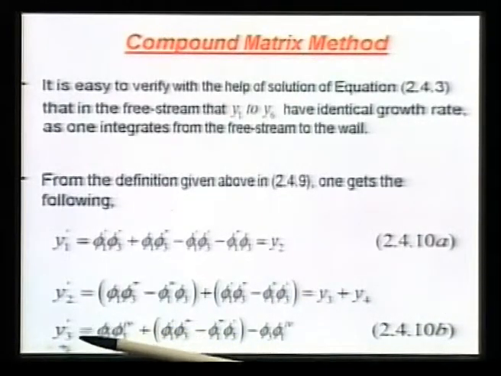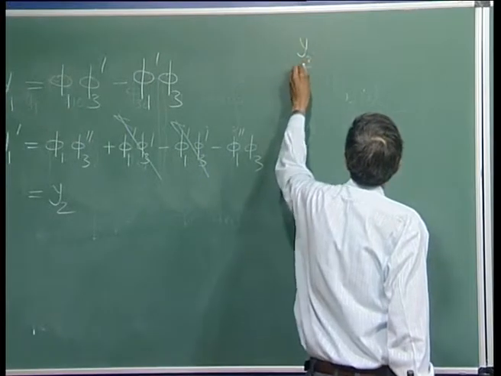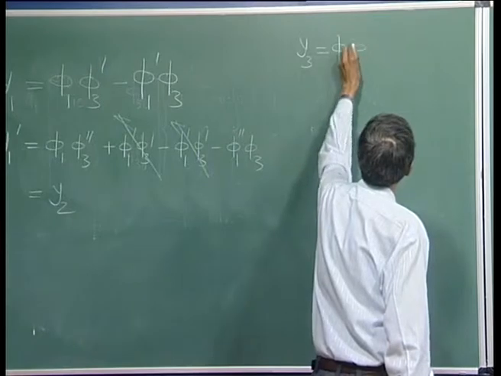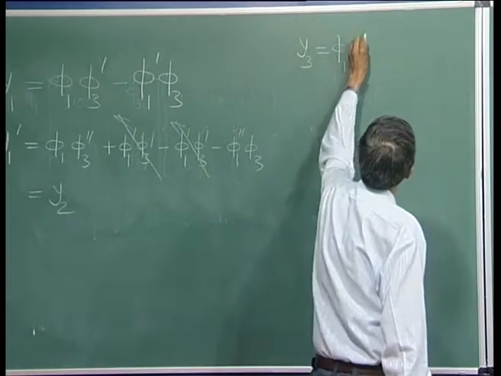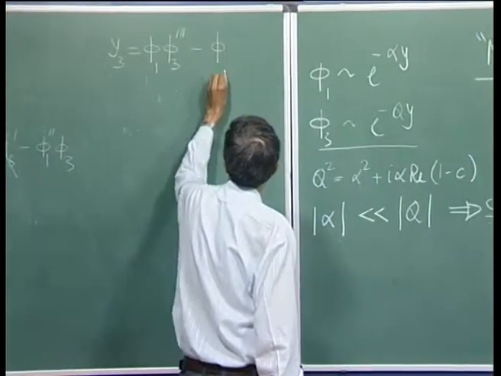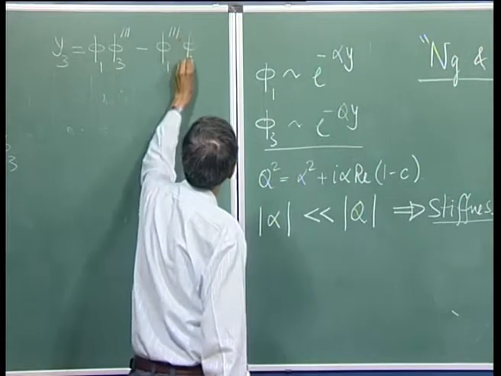What happens to y 3? Well, as you can see, y 3 is nothing but phi 1 phi 3 triple prime minus phi 1 triple prime phi 3.